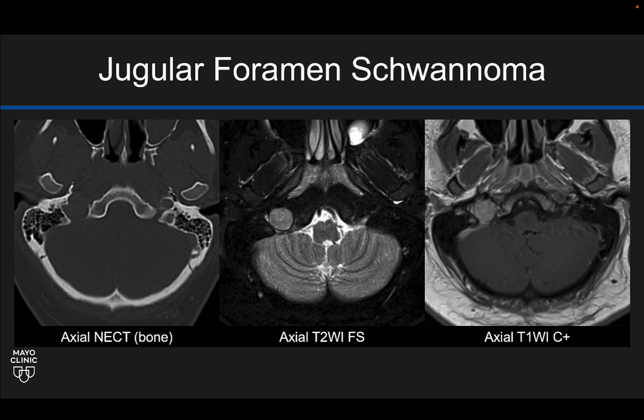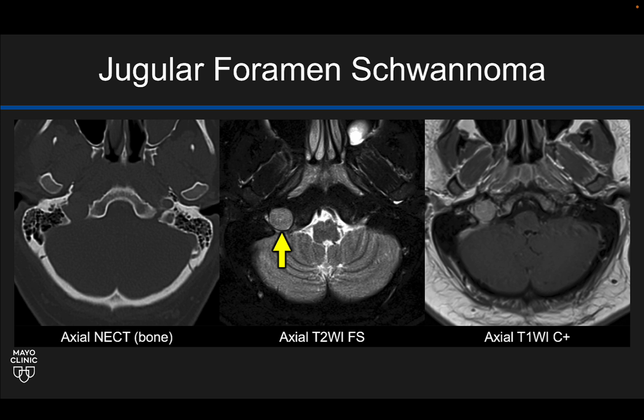So here's an example of a jugular foramen schwannoma. On the left, we have our axial non-contrast bone protocol CT image, and we can see this right jugular foramen is expanded, it's enlarged, has a thin sclerotic margin. Honestly, it looks relatively unremarkable. If you had just this non-contrast CT, it'd be very easy to walk past this.